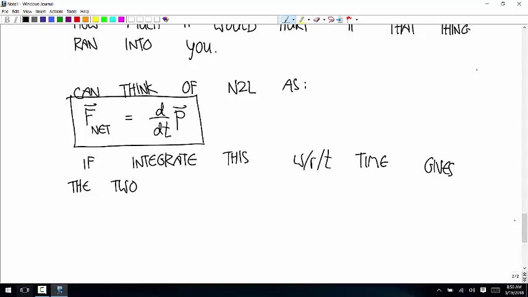I don't know. But if you integrate this form of Newton's second law with respect to time, you get the two results that we're going to use.